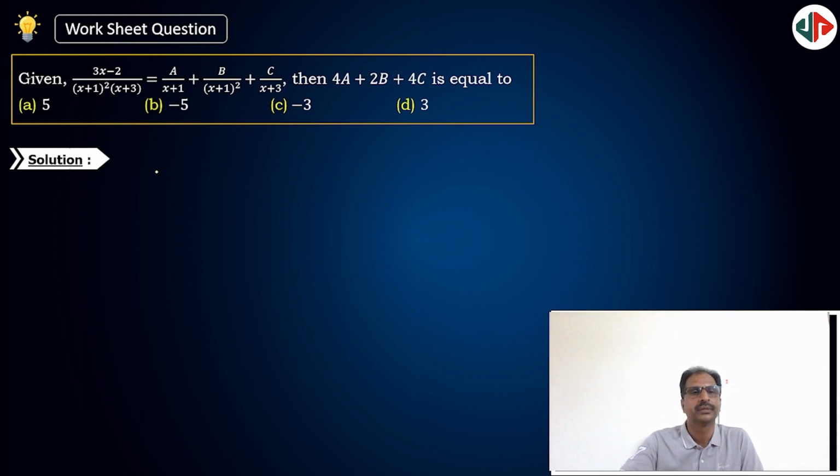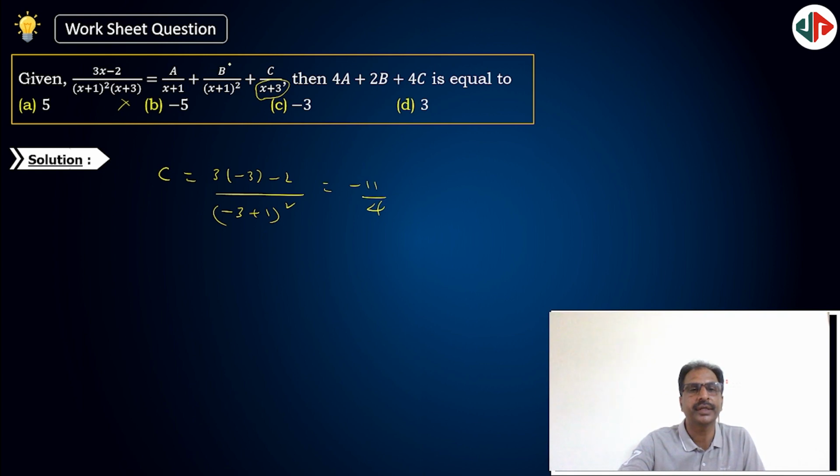Next. Now here already I told you the shortcut method for finding c: equate this to 0, you'll get x minus 3. Put x is 3 except here. And whenever you have repeated factor, the highest power of x plus 1 constant you can find.